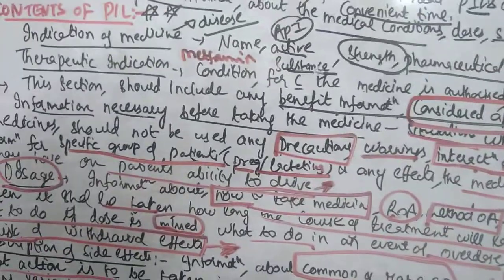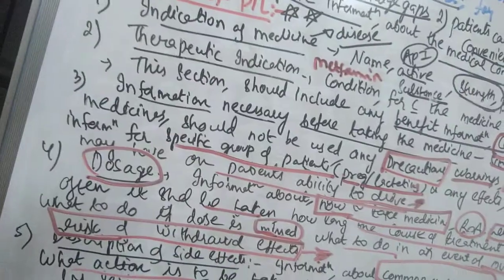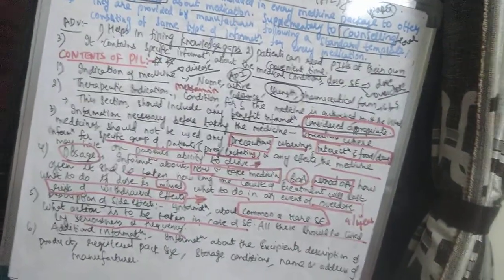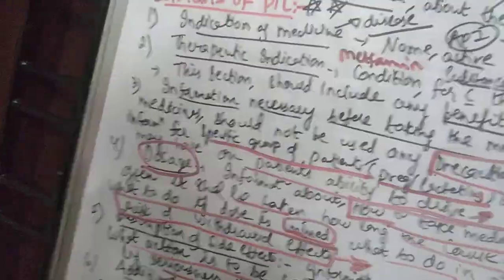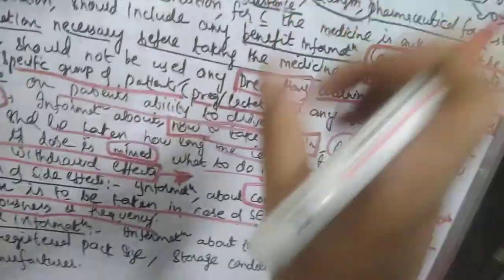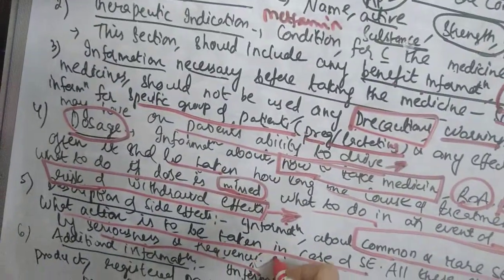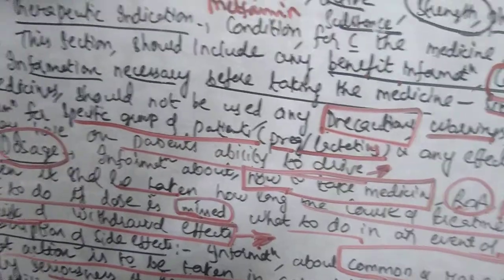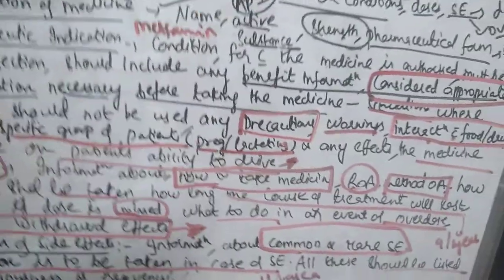All these should be listed by seriousness and by frequency. What do you mean by this? That means whatever side effects there are, how serious they are, they should be listed seriousness-wise. Frequency-wise means, suppose you are experiencing nausea, your first symptom, which most patients will experience.